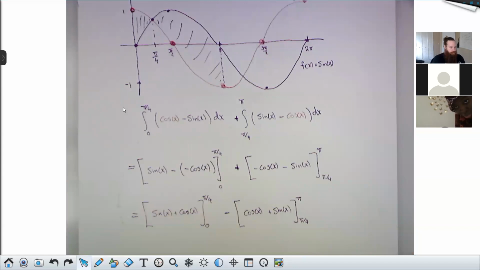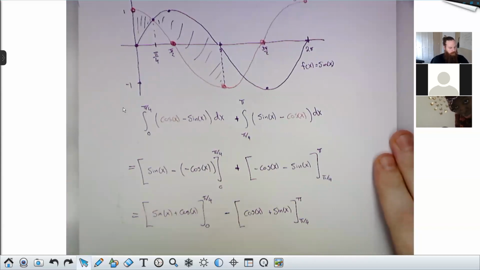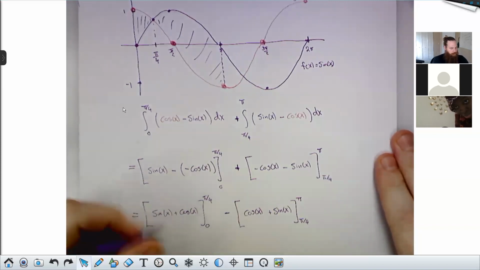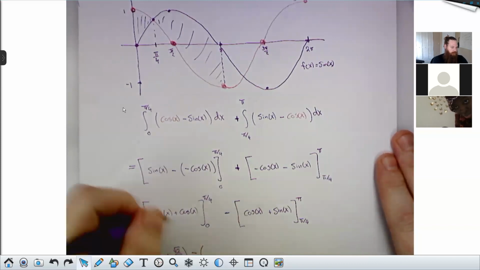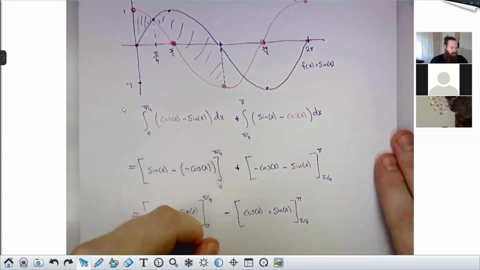So if I plug in my upper bound, pi over 4 here, then I'll have the sine of pi over 4, which is root 2 over 2, plus the cos of pi over 4, which is also root 2 over 2, minus the sine of 0, which is 0, plus the cos of 0, which is 1.